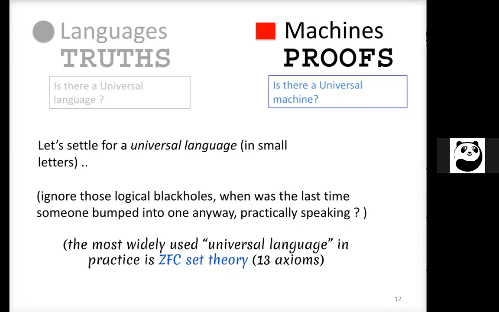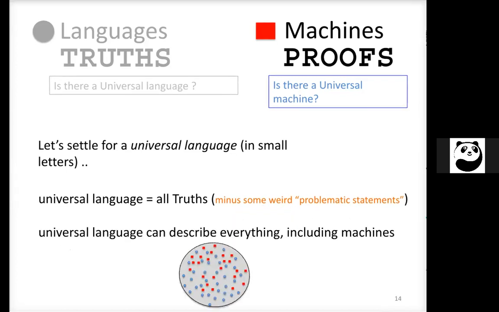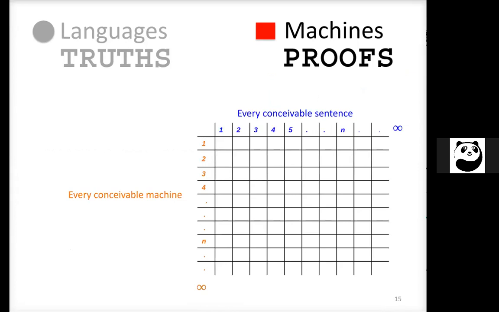Regardless of the domain you are coming from, you probably used it yourself without even knowing. Okay, so now we are thinking of the universal language as all truths minus those problematic statements. Just going to ignore them. And again, the universal language describes anything in any domain, which is indeed the case. ZFC set theory is used in all domains.